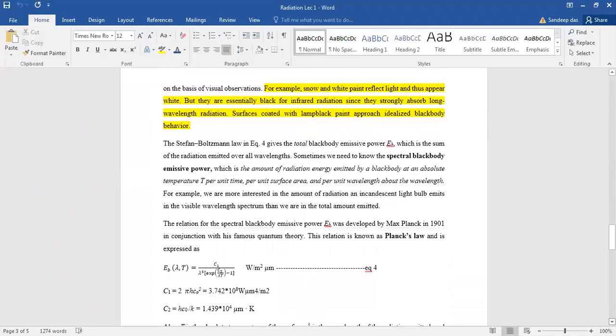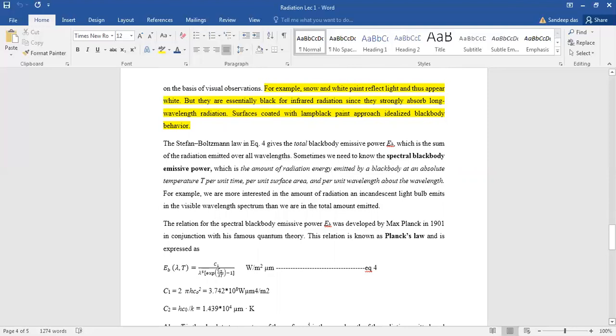For example, if we want to calculate the amount of radiation that is being liberated by a household light bulb in the visible wavelength spectrum, then we can use this spectral blackbody emissive power to calculate the total amount of radiation.